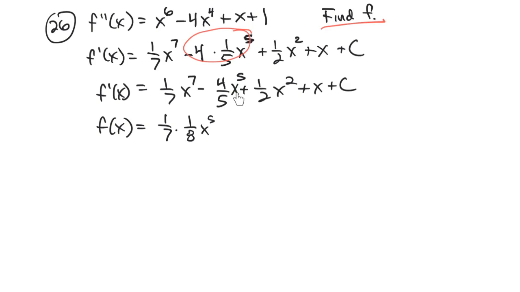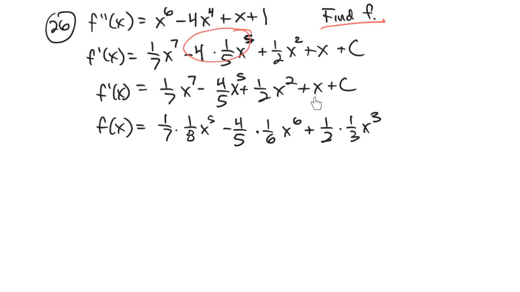Okay, so we get, for this one, the 4/5 is going to go along for the ride. So I'm just going to put the -4/5 here. And then the antiderivative becomes x to the 6th divided by 6, or in other words, 1/6 x to the 6th. Then we have a 1/2 here, of course. And then with the x squared, it becomes x cubed over 3, or 1/3 x cubed.